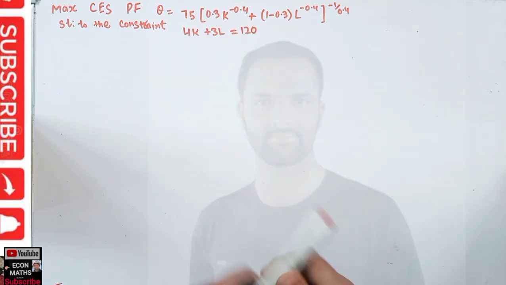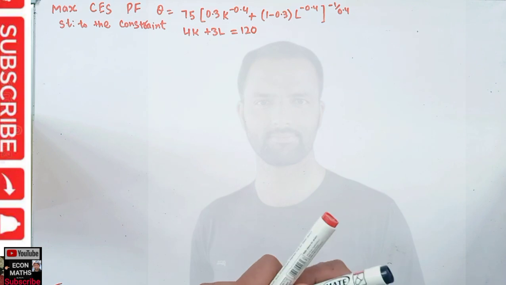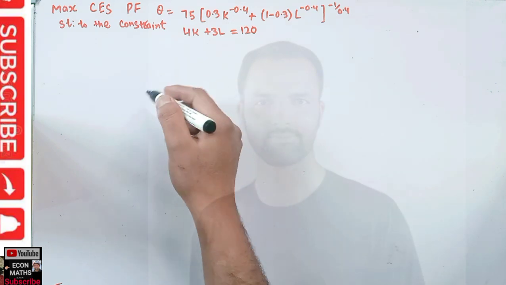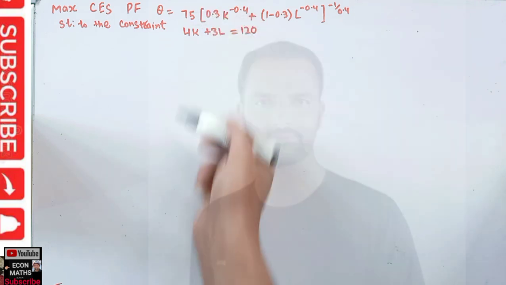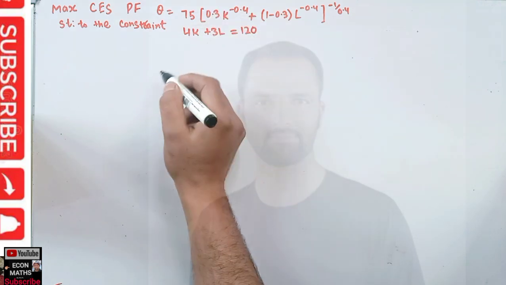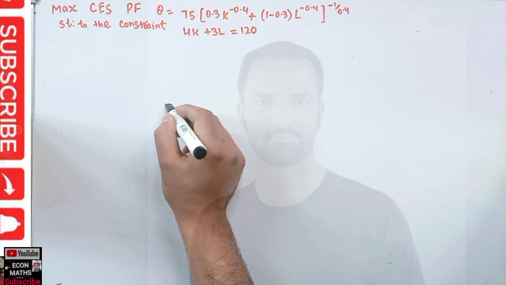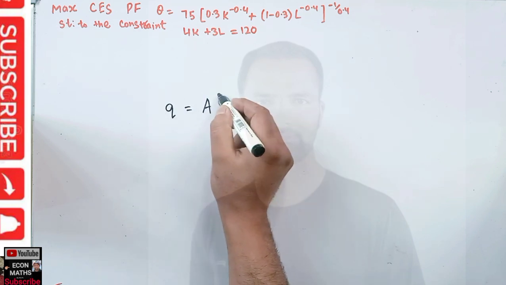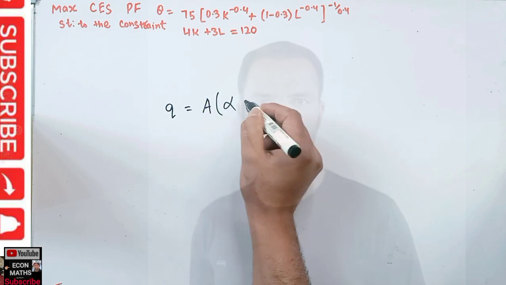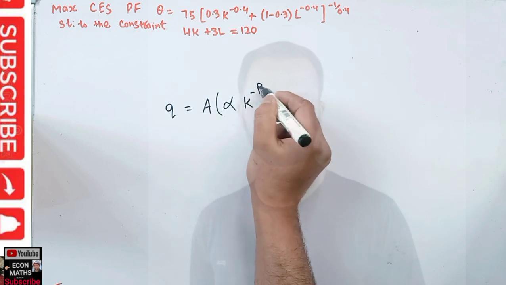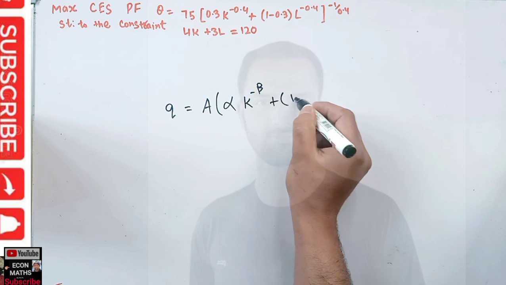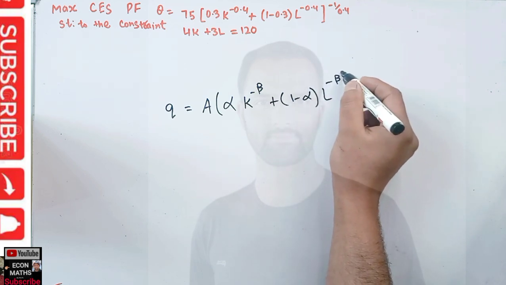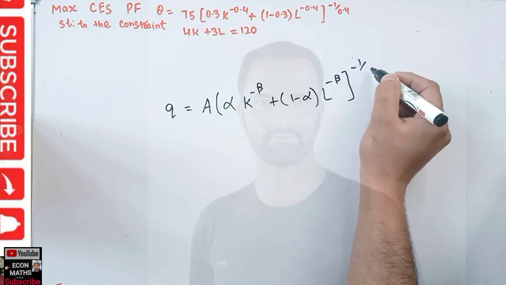Now, what is the CES production function? First I will tell you the general form, then we will optimize this very function. The CES production function is given by Q, that is quantity, is equal to A bracket alpha K to the power minus beta plus 1 minus alpha L to the power minus beta, raised to the power minus 1 upon beta.